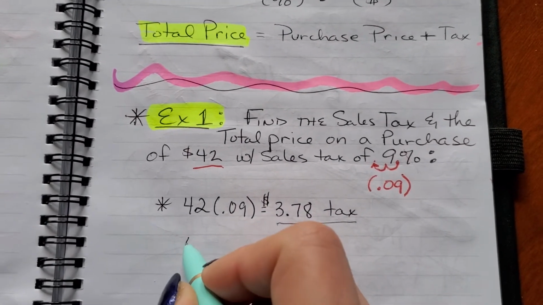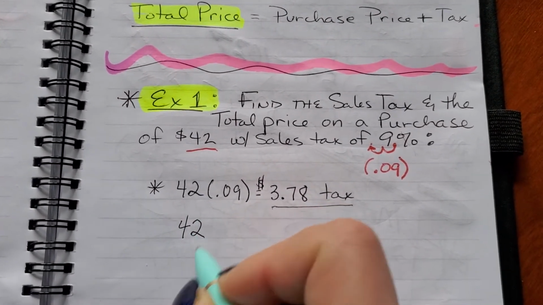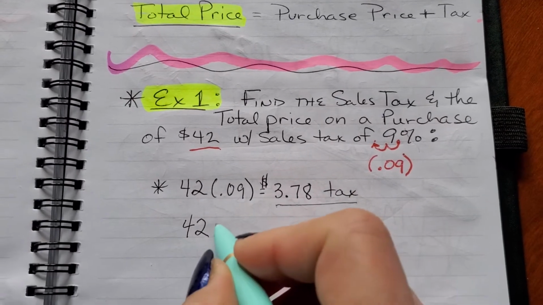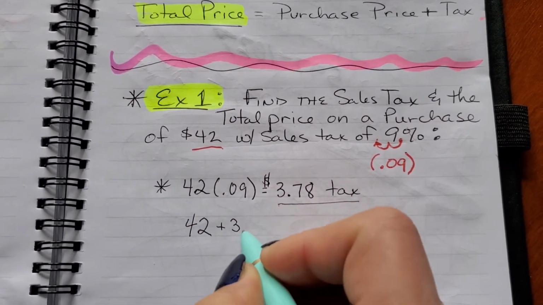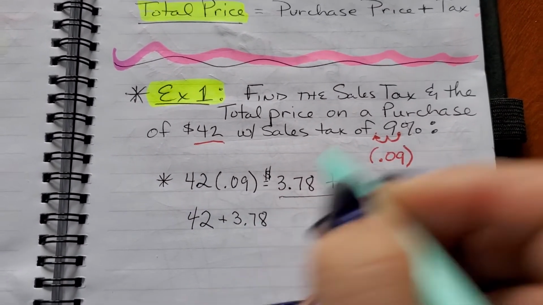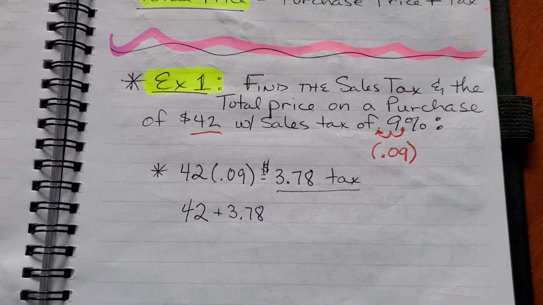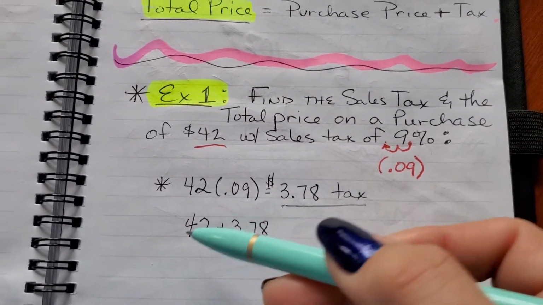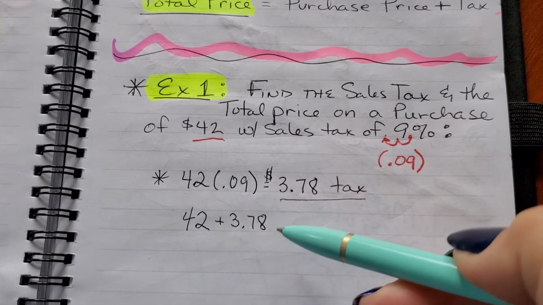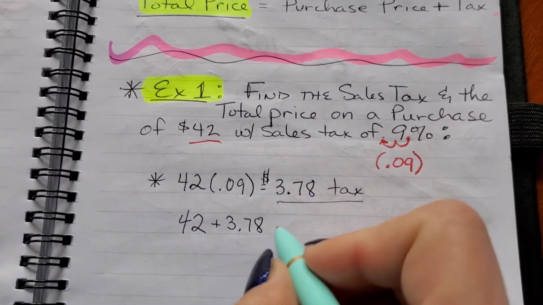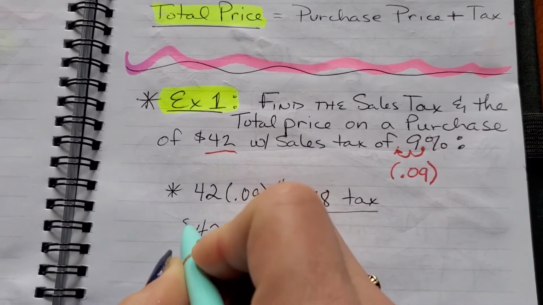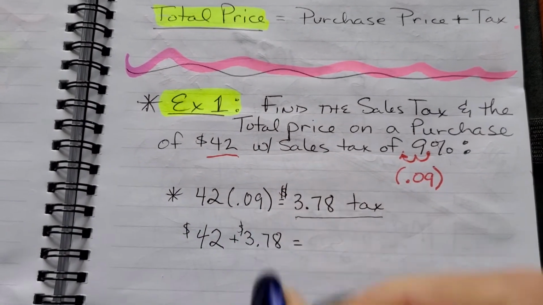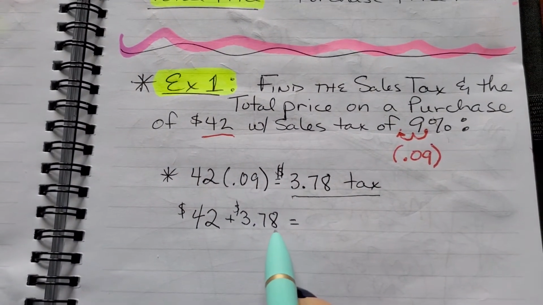So to finish our problem, the second step is we would take the original price of our item and we would add our tax. Now, if you pull out any receipt you have anywhere, you're going to see that that's exactly what it does. It has a subtotal and then it gives you the total after tax. So we add these two, and remember, these are money amounts, so you should only go to the hundredths place.